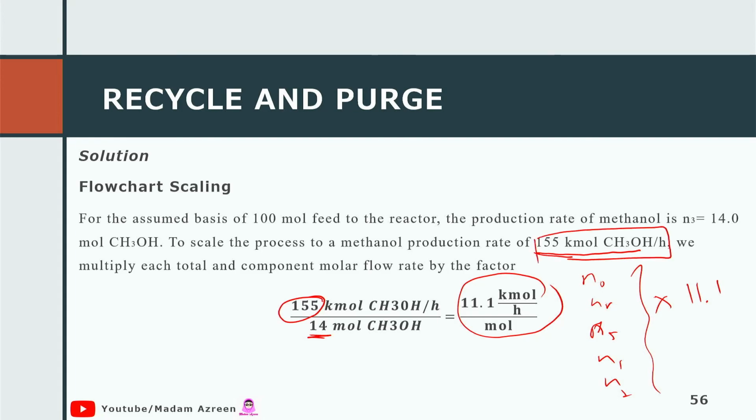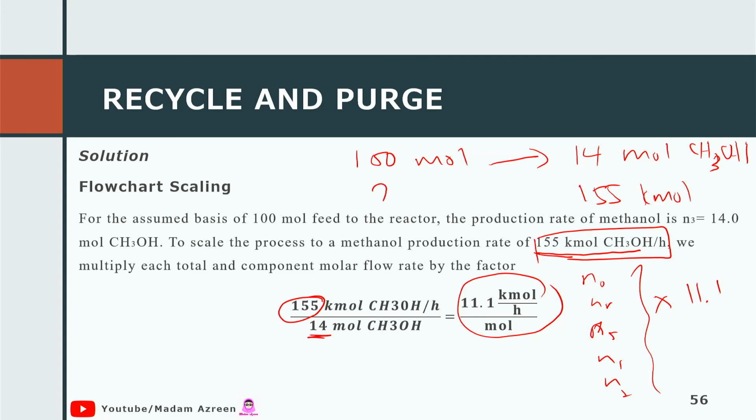We want to get 155 because with the basis we set, we can only get 40 mole of methanol, but what we actually want is 155 kilomole.